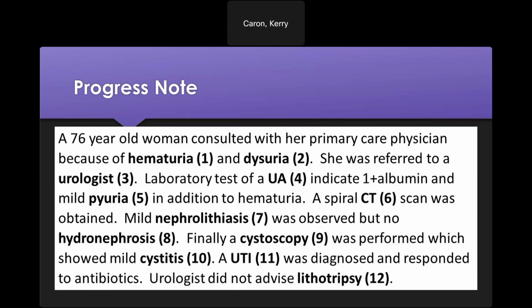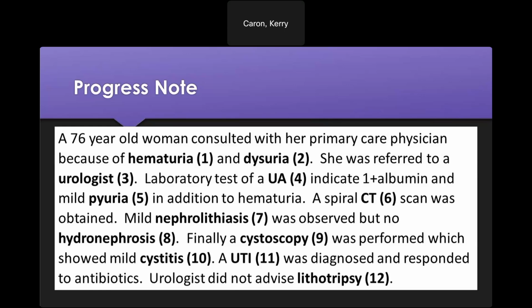A spiral CT, you had that one before, that's computed tomography scan, was obtained. Mild nephrolithiasis, that's an abnormal condition caused specifically by kidney stones, was observed, but no hydronephrosis. That is, osis is abnormal condition of water on the kidney.